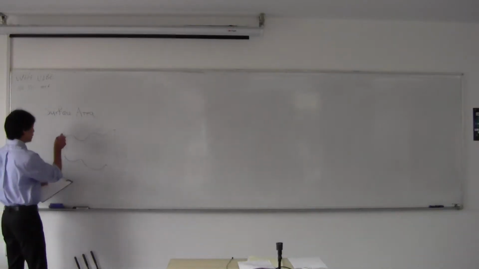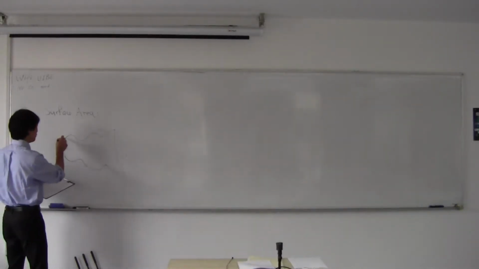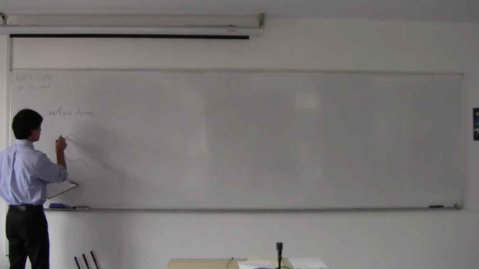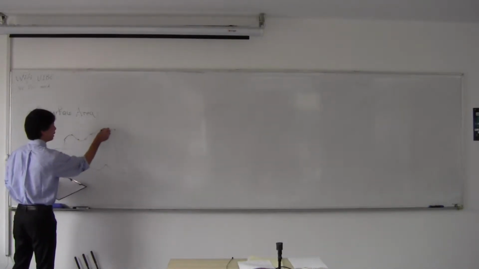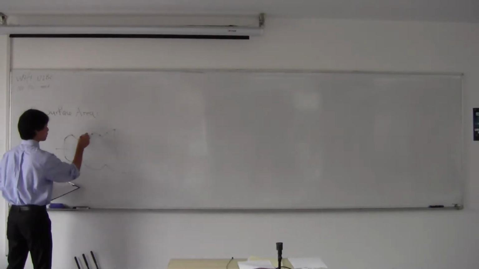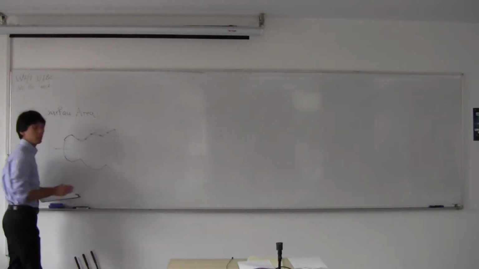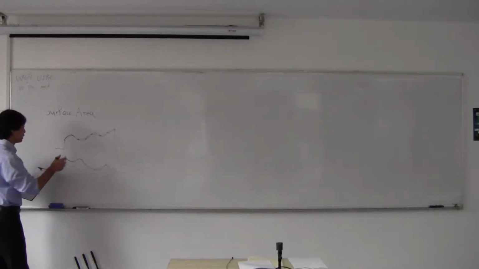So we'll say, well, I don't know how to find the area of this thing, but what I can do is break this up into straight lines like this, and I'm going to rotate those around, right?